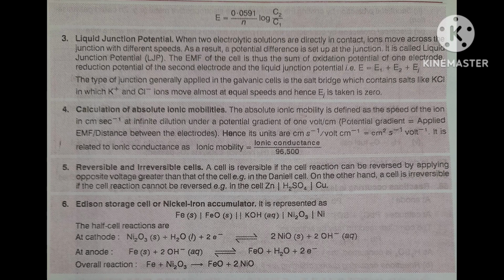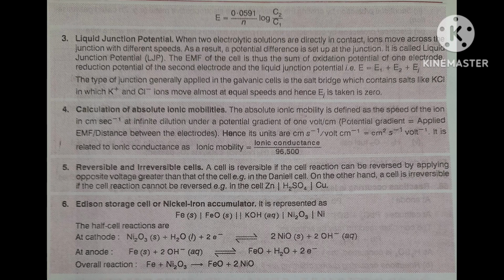The important thing is that when two electrolytic solutions are in direct contact, suppose you take two solutions A and B, and both are in direct contact, then what will happen?